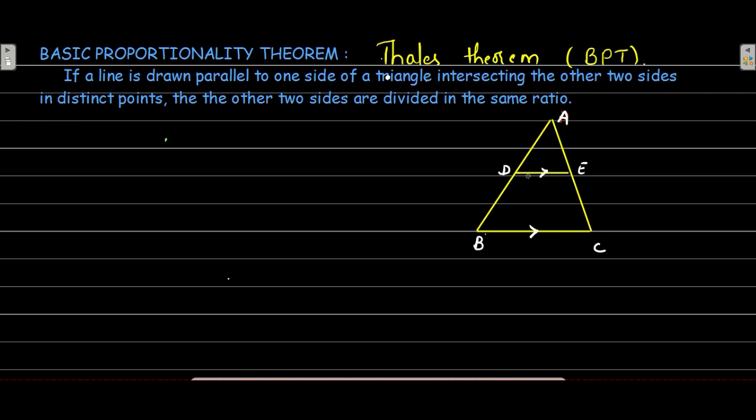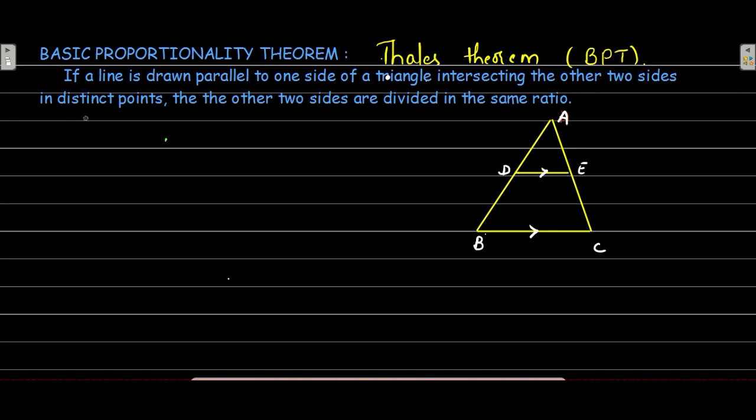This DE is intersecting the other two sides of this triangle, AB and AC, at two distinct points. Then the other two sides are divided in the same ratio.